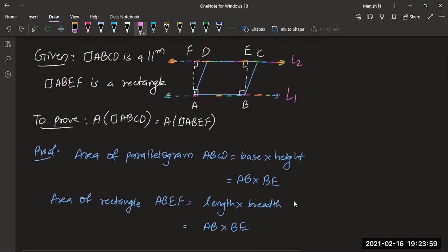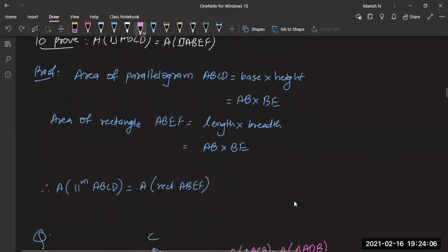So AB into BE. From here, directly we can say that the area of rectangle ABEF is equal to the area of parallelogram ABCD, right? So this is how we proved it, just by using geometrical diagrams, right?